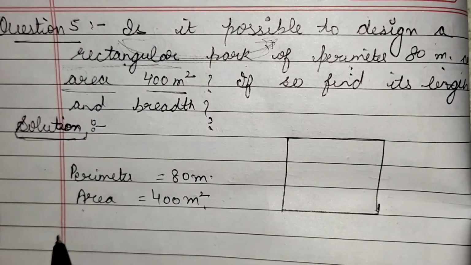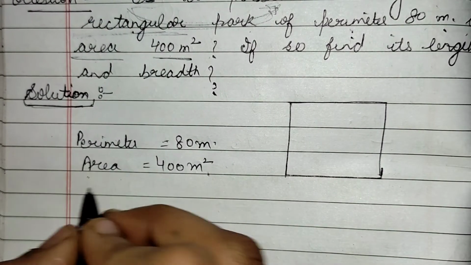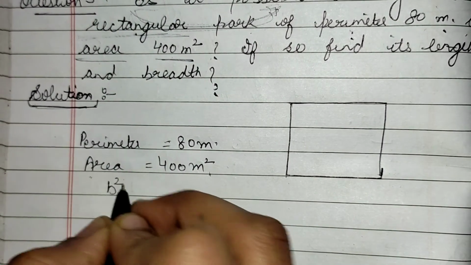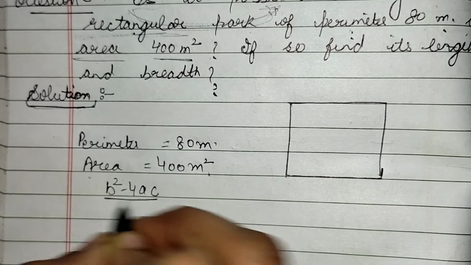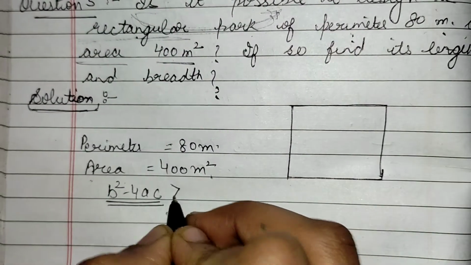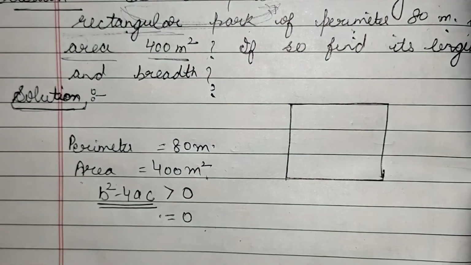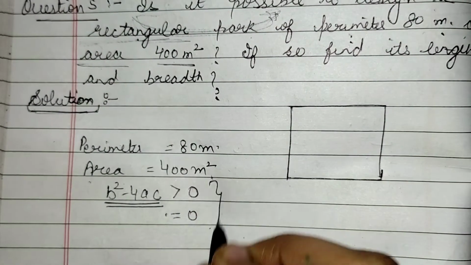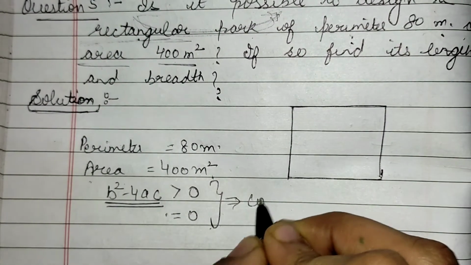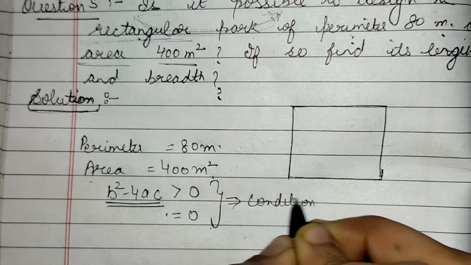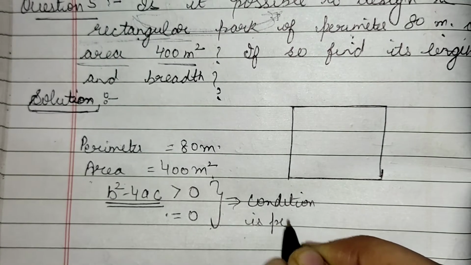So how will you define that? First you will derive a quadratic equation and then you will find out b square minus 4ac. If it is greater than or equal to 0, only then your given condition is possible. Okay.